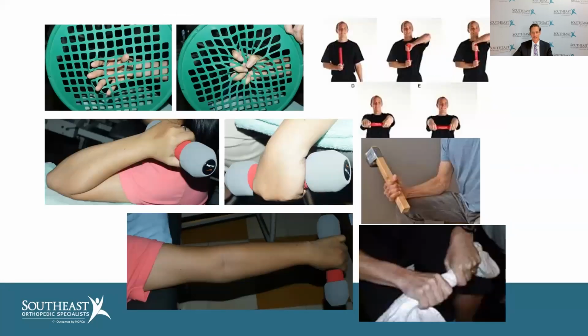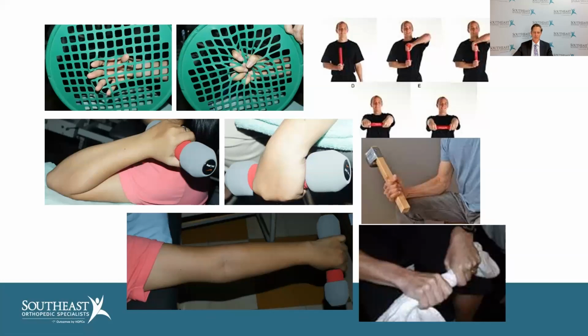And there are a lot of gizmos and gadgets that people try. I remember there was either a hand surgeon or an upper extremity specialist who invented this rubber bar, and I don't know what it sells for, but you buy this rubber bar and you do these twisting exercises. There's no evidence that that thing works, and I have a number of patients that have tried it and they are much worse than they were before they started.